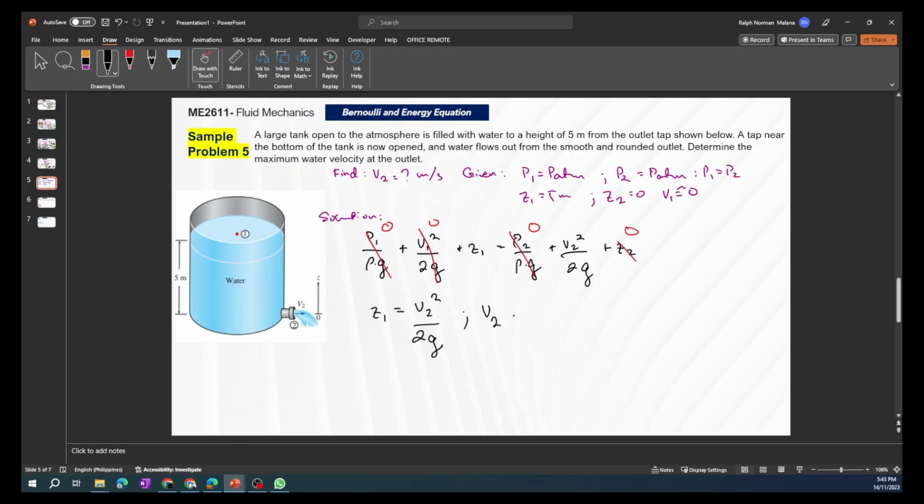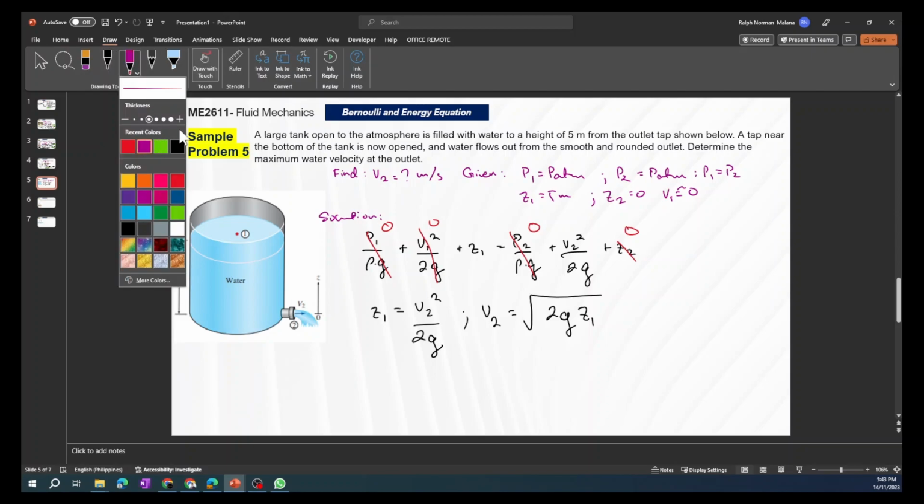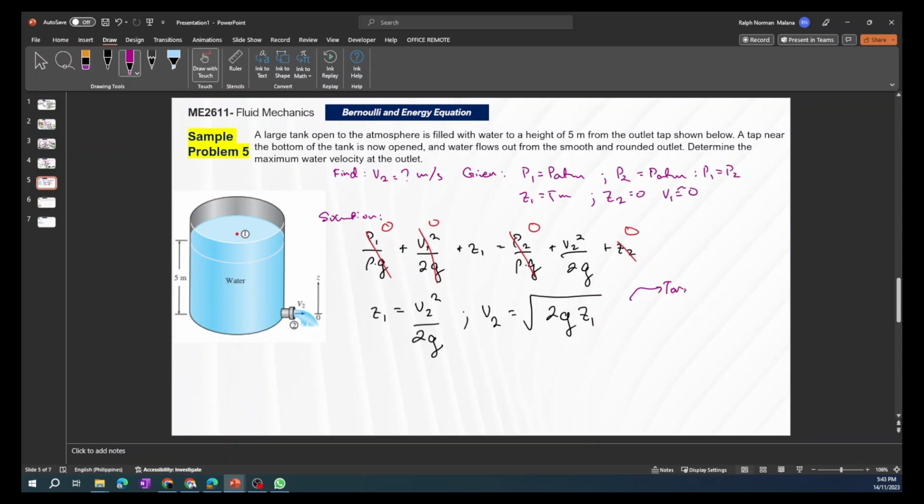V2 is going to be equal to the square root of 2g Z1, which technically is essentially Torricelli's equation.